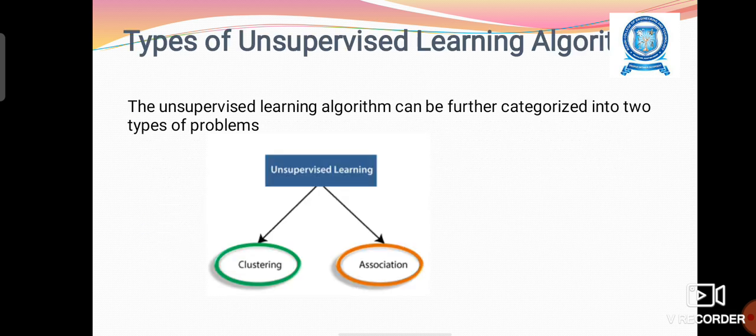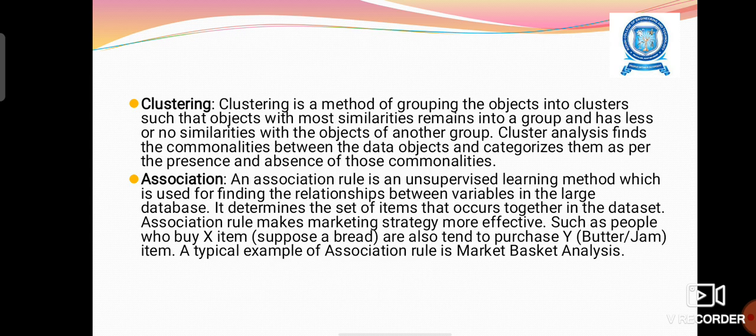So unsupervised learning is categorized into two types of problems: clustering and association. Clustering means grouping the objects into clusters, such that objects with most similarities remain in a group and have less similarity with the objects of another group. So clustering means making clusters with the data objects.